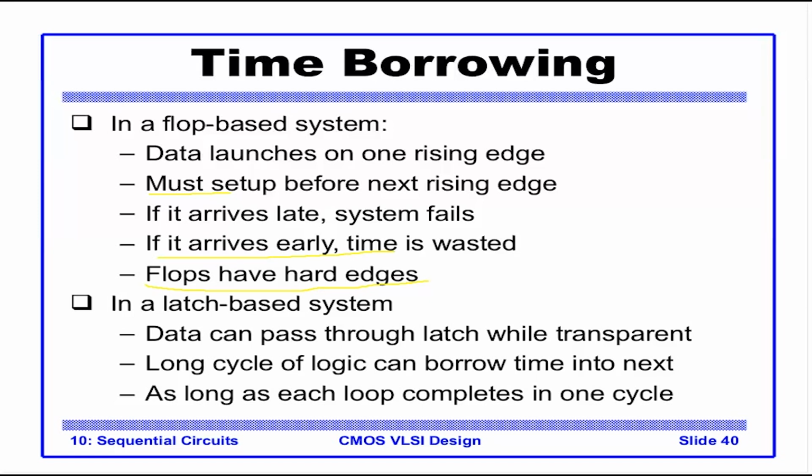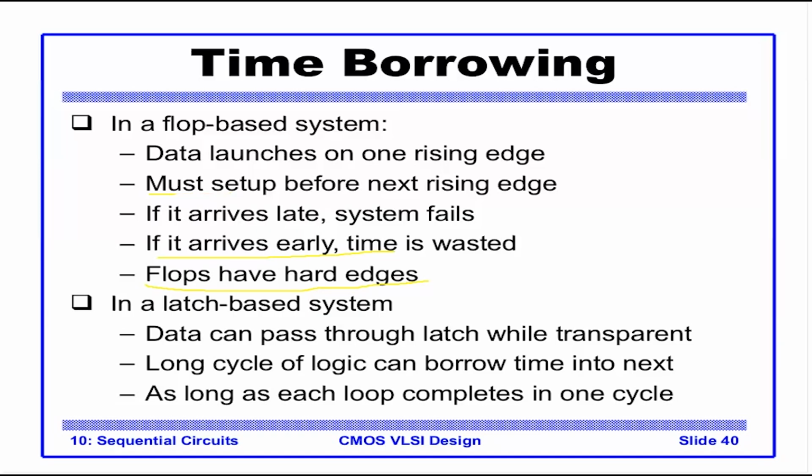What it means is that by playing with the overlapping or non-overlapping of the clocks, we can actually make sure that time is not wasted. This is called time borrowing. That is, we take the time from a fast circuit and give the time back to a slower circuit. The only condition is that each loop should complete in one cycle.